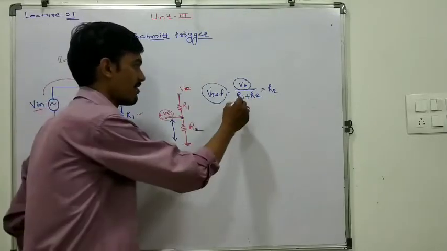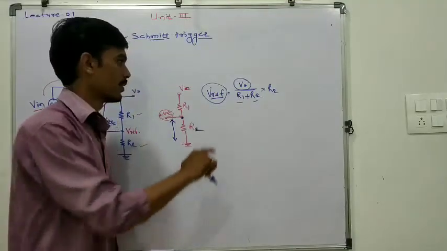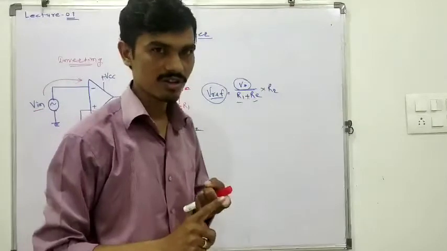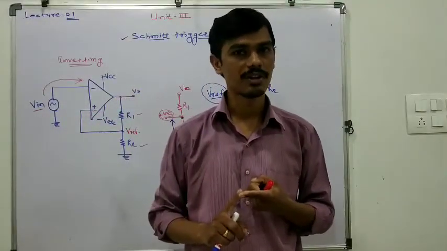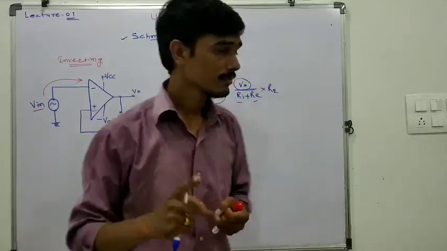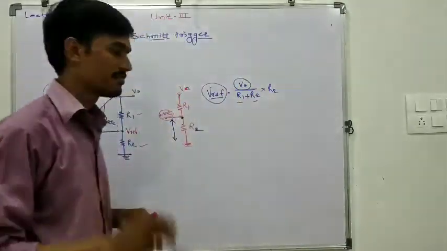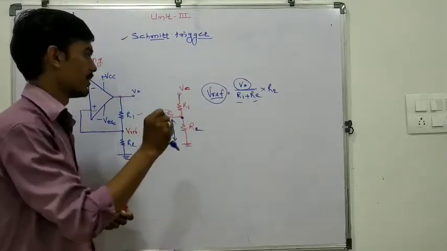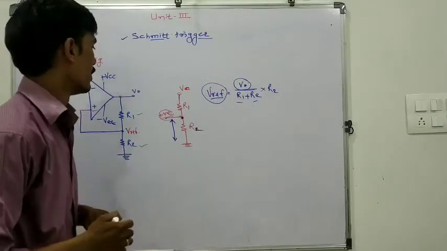As we change R1 or R2, V reference will change. So V reference depends on three factors. First is the output voltage, the voltage at the output end of the operational amplifier. Then the values of R1 and R2. Depending on these factors, V reference changes.